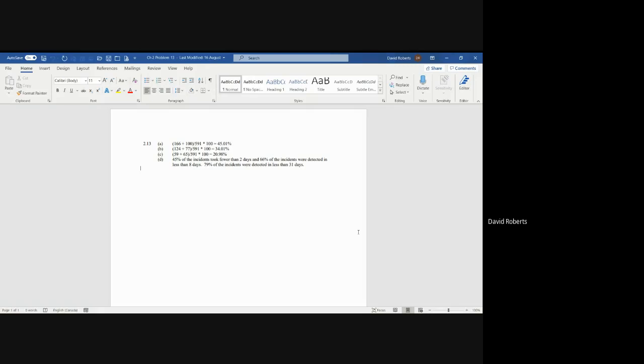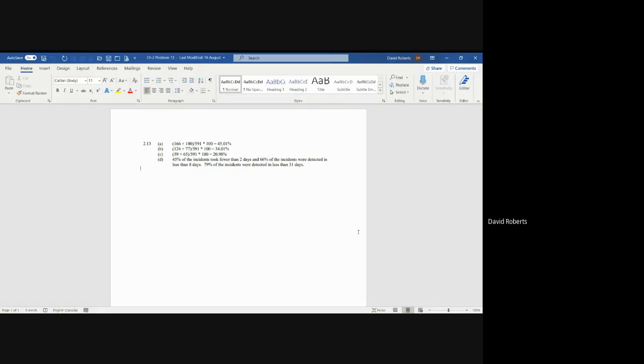So what you can do is for less than 8 days, you would add the 166 and the 100 and the 124. So that would be 8 days or less, divided by 591, and you'll get 66%.